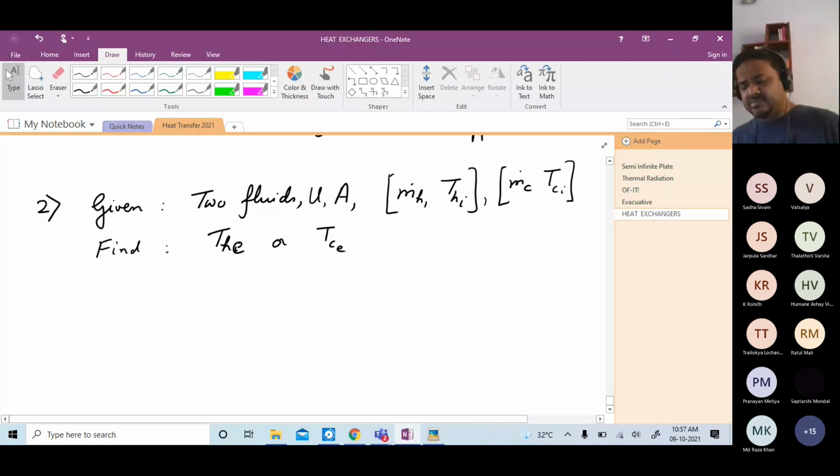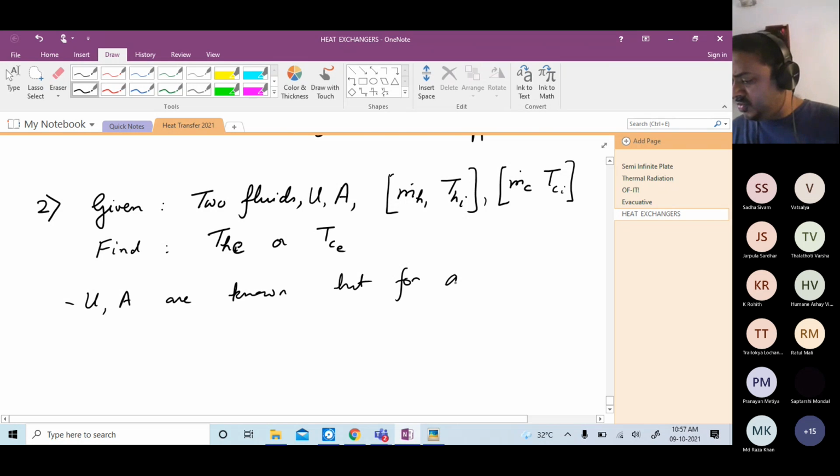The first one, you can use the delta T formula. We know that here U and A are known, but for Q we need delta Tm.